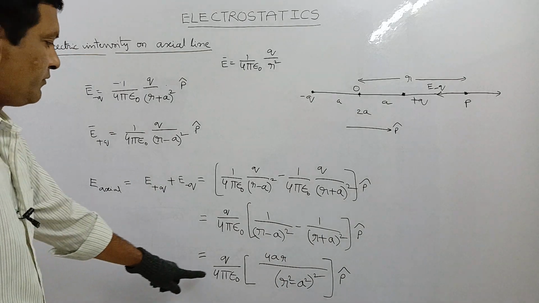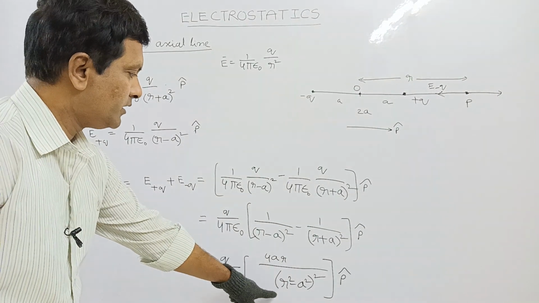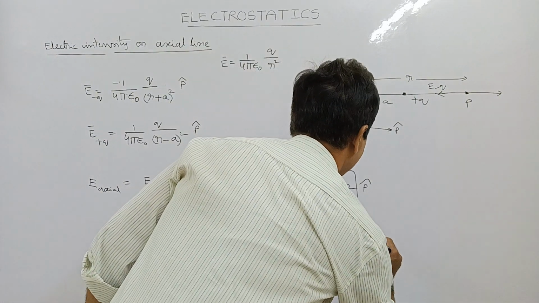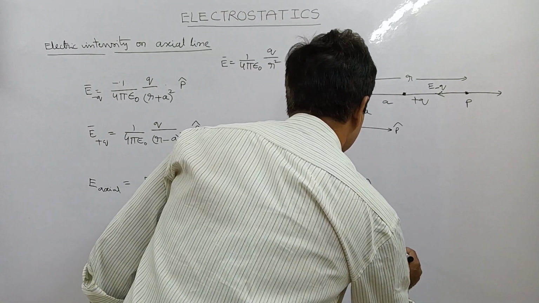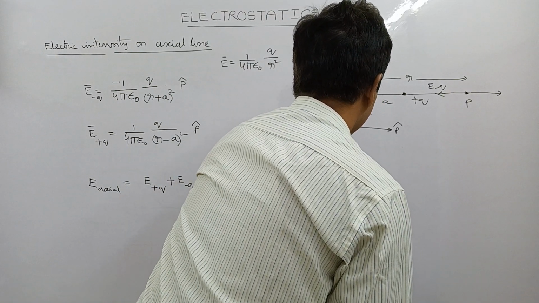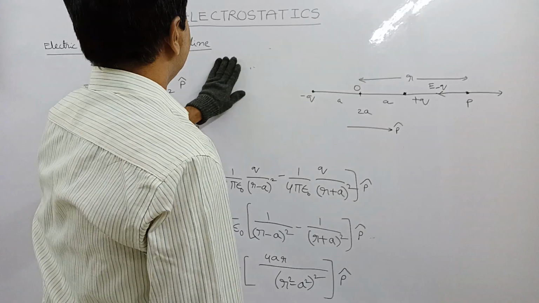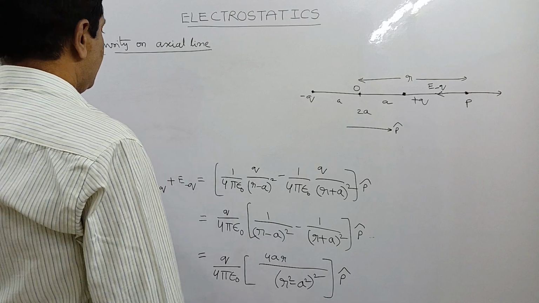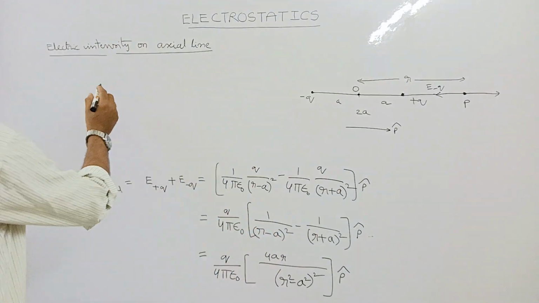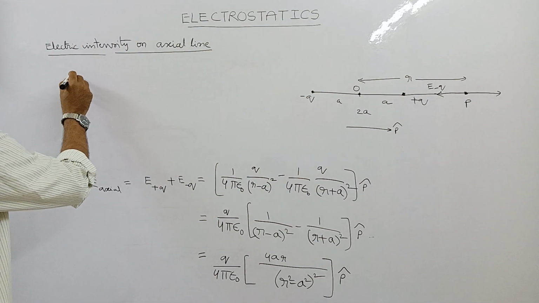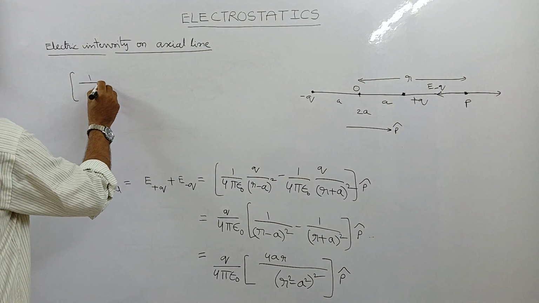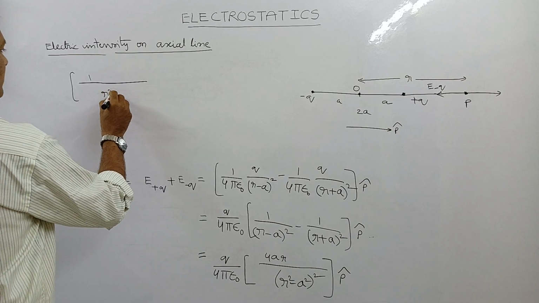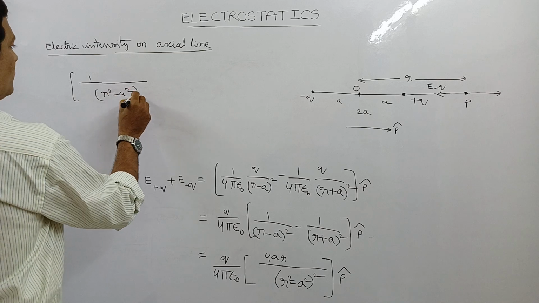So if you want to know how this has come, we will take another step here. See, I will show you how this part has to simplify. (r square minus a square) whole square.